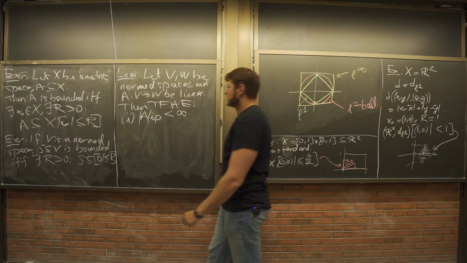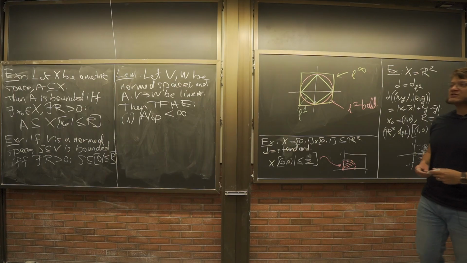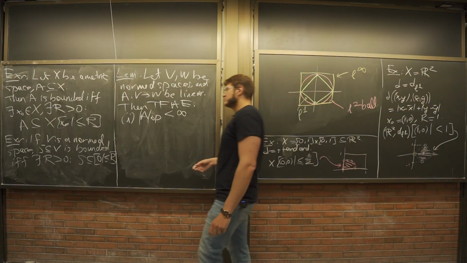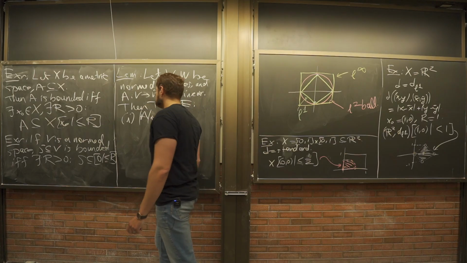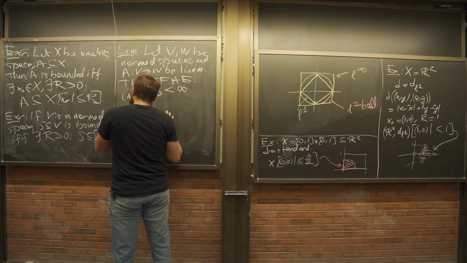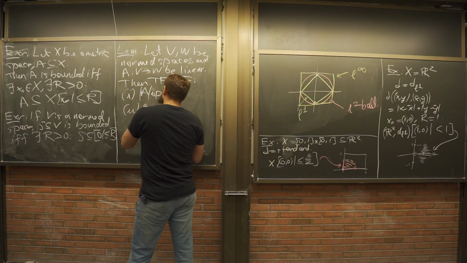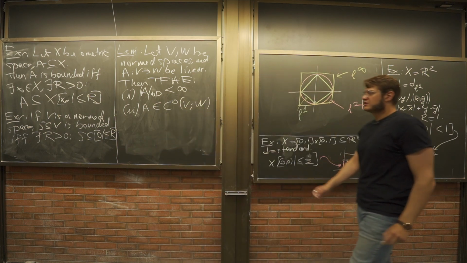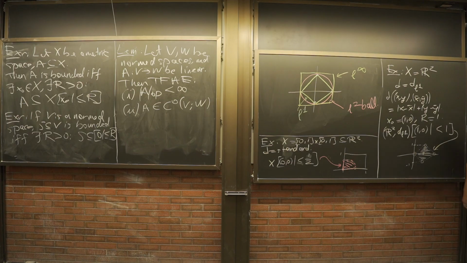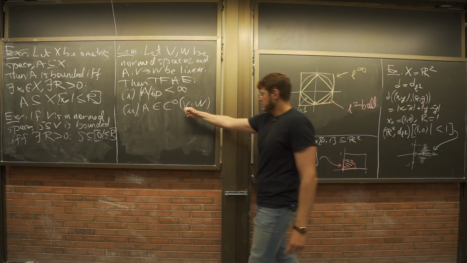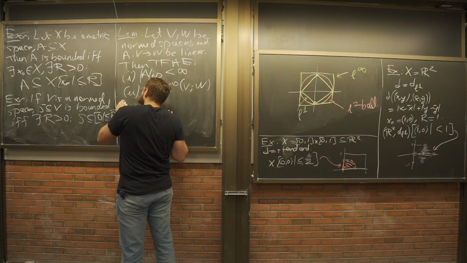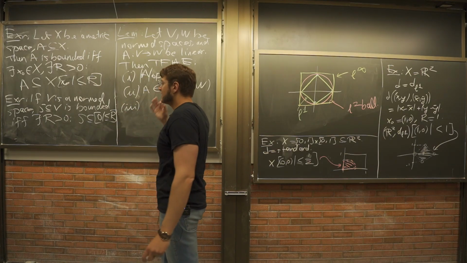Just to emphasize, the operator norm of A is bounded. This is a bounded linear operator. A is a continuous function relative to the metrics induced. A is in C0. Recall that this was my notation for the collection of continuous functions from here to there. And in fact, this also turns out to be equivalent to saying that A is, let's say, continuous at the origin.